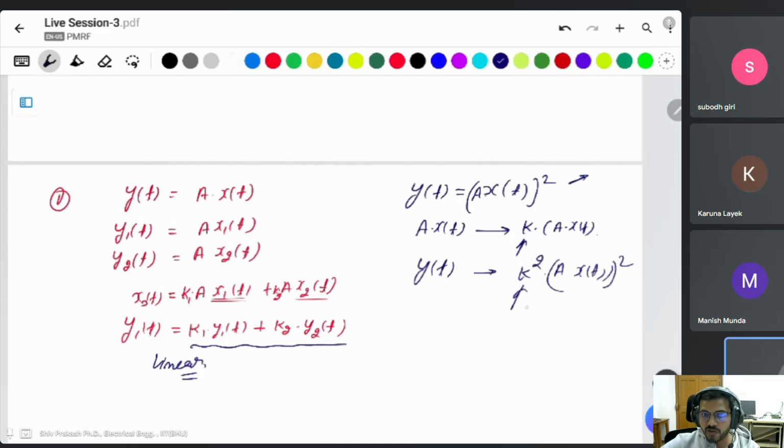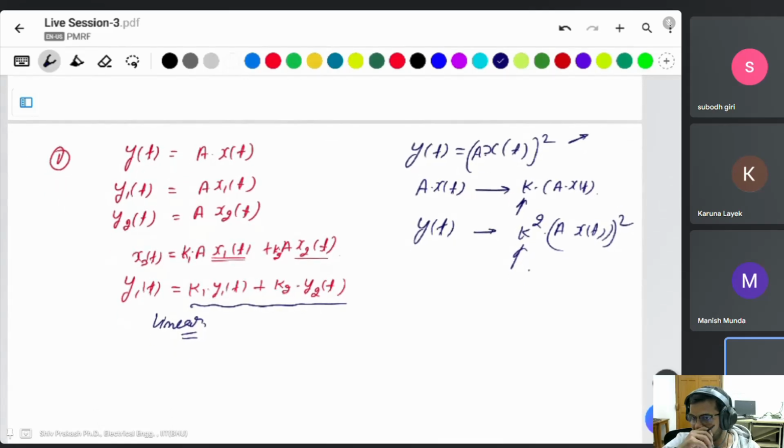It does not follow the homogeneity. Same thing, if you want to check the additivity, then this is also not fine. It is not valid for superposition either. That type of system is the non-linear system.